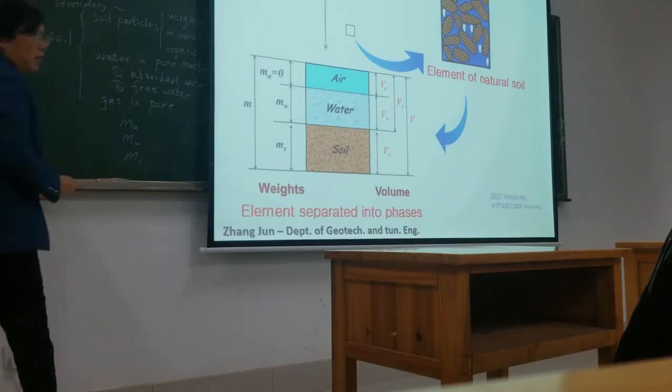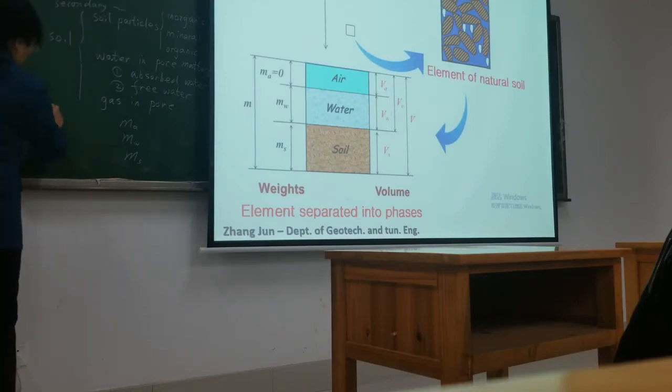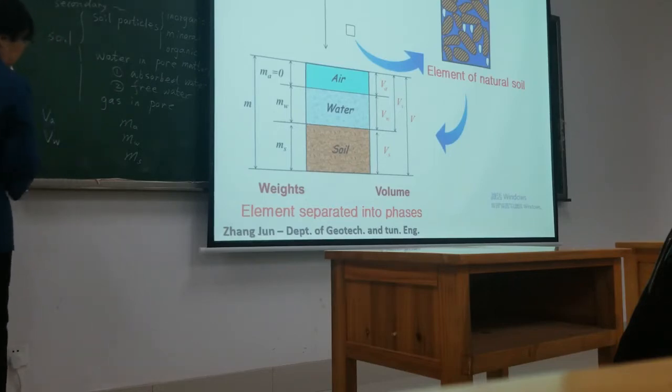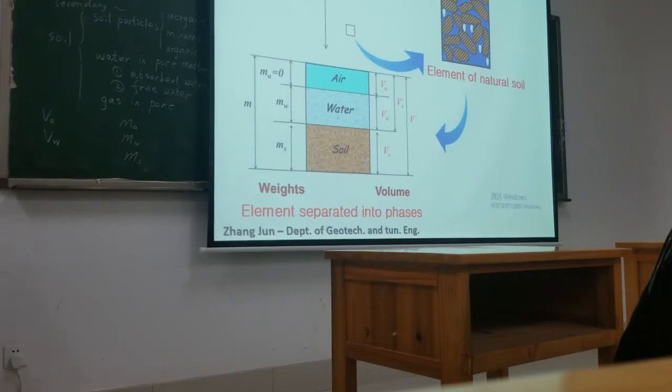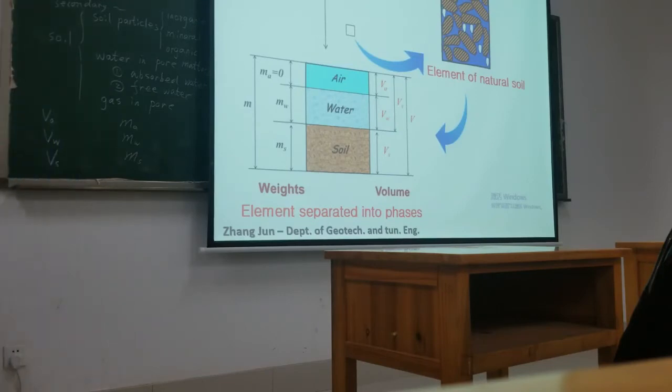MS means mass of soil grain. And VA means volume of air. VW means volume of water. And VS means volume of soil grain. And here, volume of air and volume of water we call VV, volume of void. Okay.